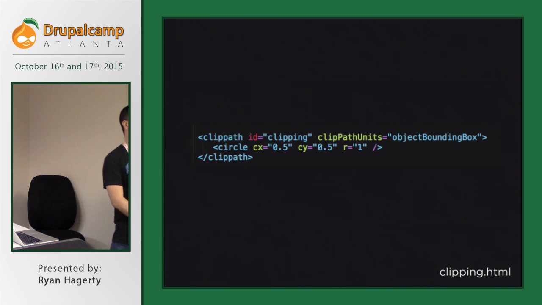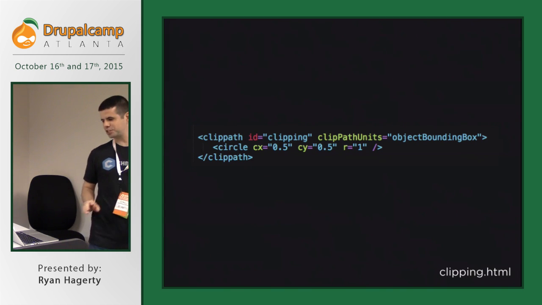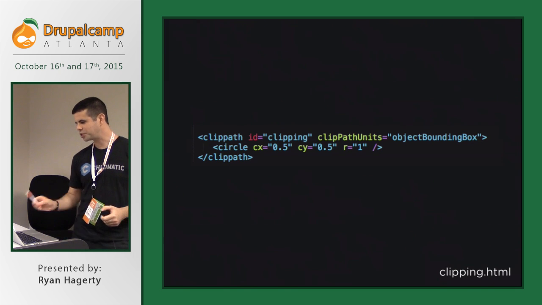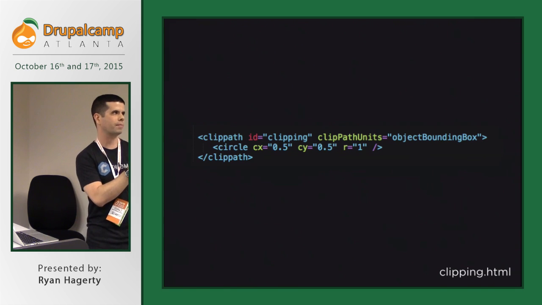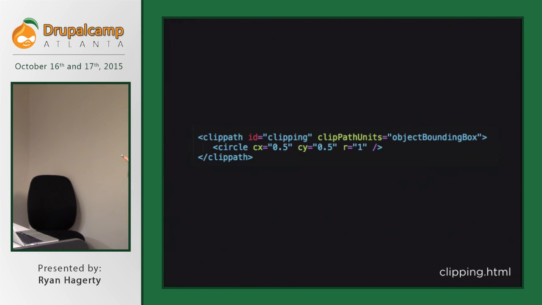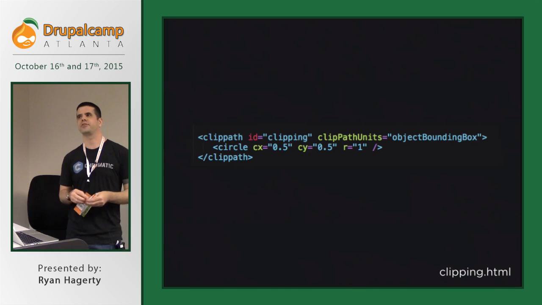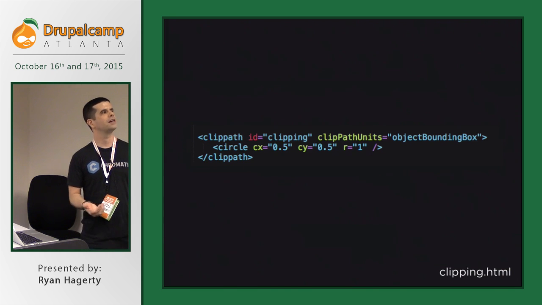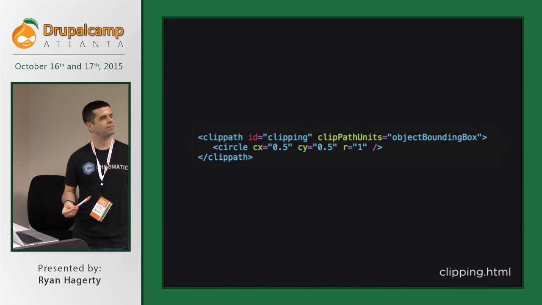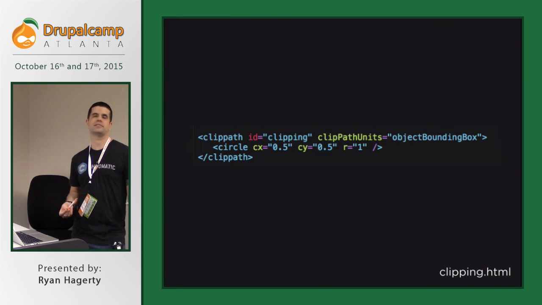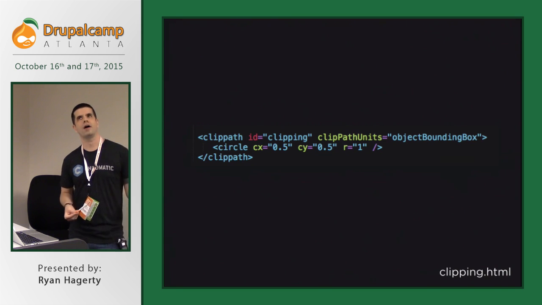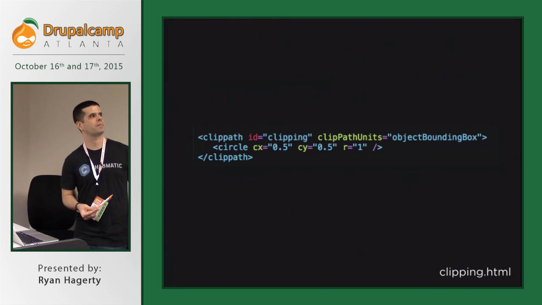And the caveat with that is, I don't know why the W3C did this, I'm sure they had a really good reason, but if you use objectBoundingBox, any shape must be defined in a 0 to 1 range. If you remember the path data from the thumb icon earlier, with numbers like 383.3 and 424.6, how do you convert all that down to a 0 to 1 range? There are a couple of ways.